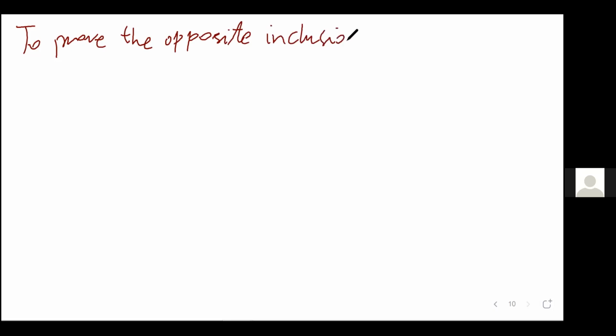Okay, so to prove the opposite inclusion, you take an arbitrary r in the path algebra KE and use the canonical basis.